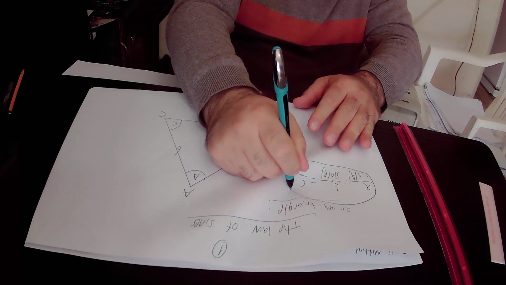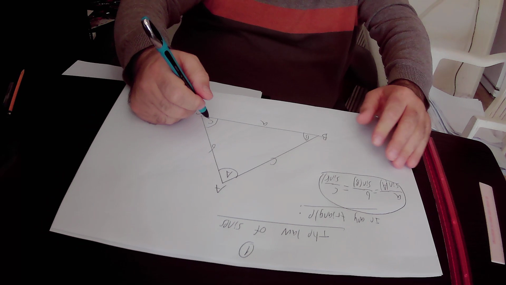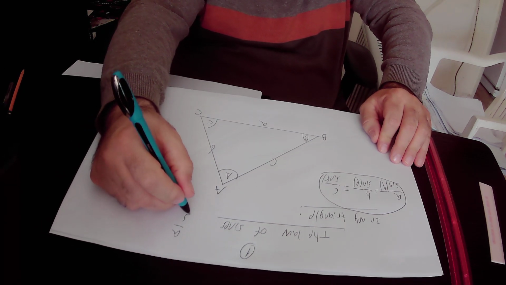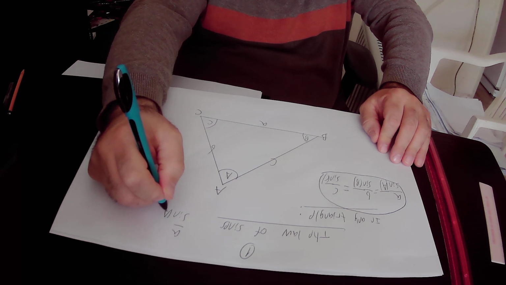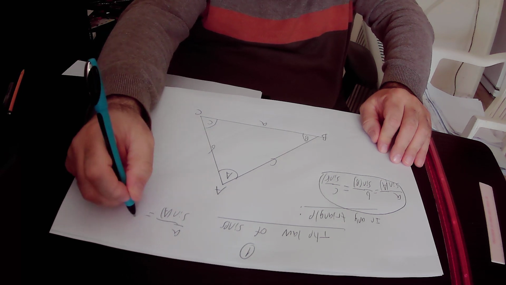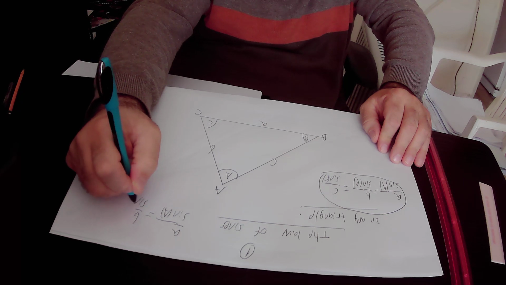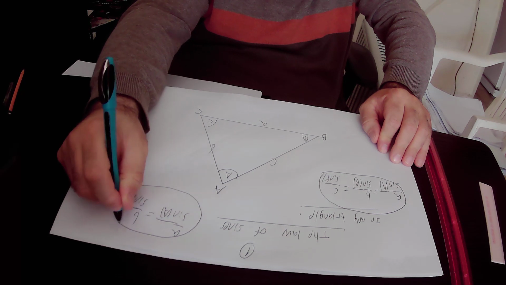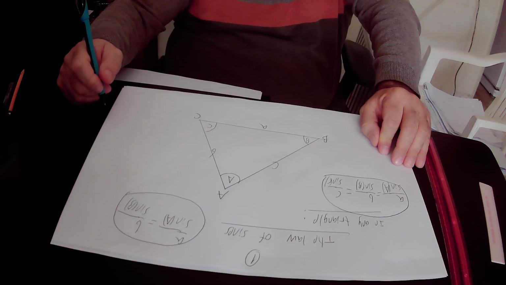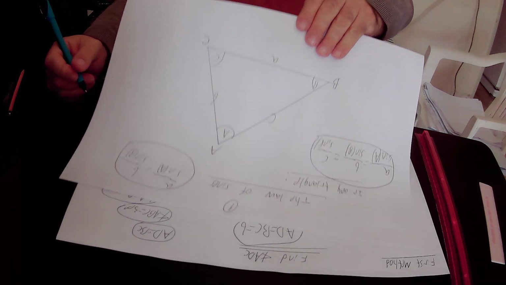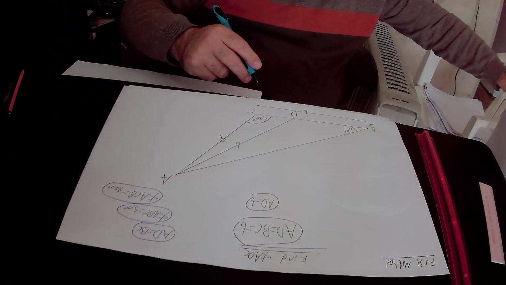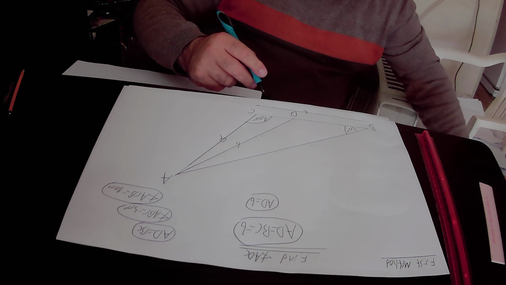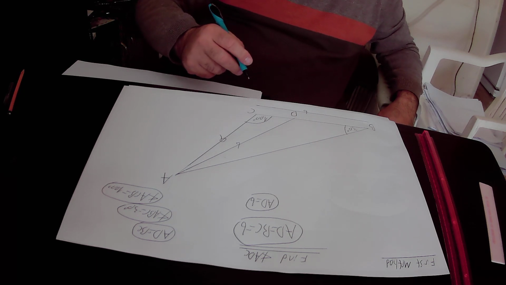From this formula, we derive that A over sine A equals B over sine B. And we will implement the law of sines in our triangle ABC. So I will copy triangle ABC in the new page, and we will implement the law of sines in this triangle ABC.